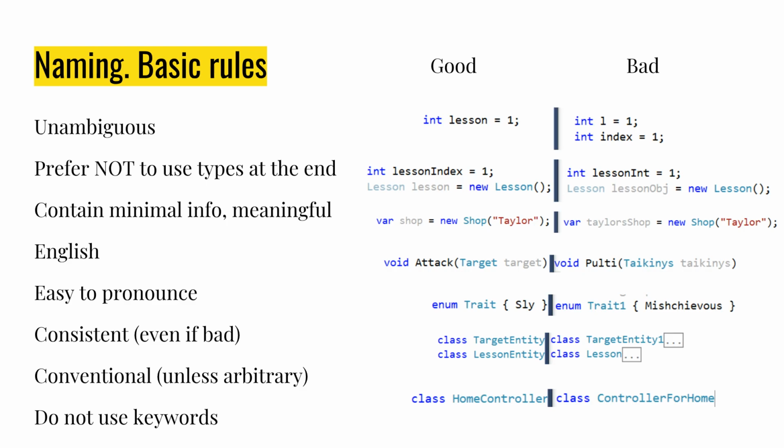And the smaller the scope of inconsistency, the worse it is. Being inconsistent inside the same method is horrible. Being inconsistent inside class methods is really bad. Being inconsistent between classes, class names, is quite bad.